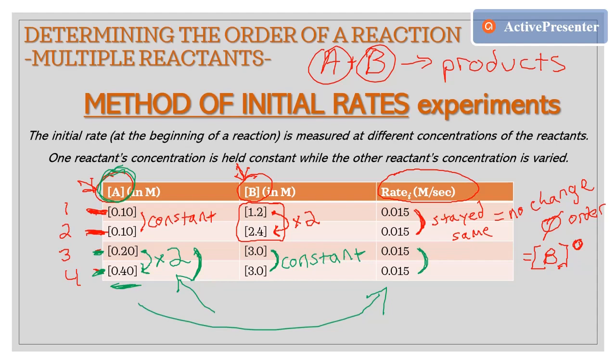The initial rate, the time it took for the reactant to happen, is still just 0.015. So this is also no change. So that means it's 0 order for A as well. We're going to write that with the little brackets denoting concentration, A, and a little 0 up there as the exponent.